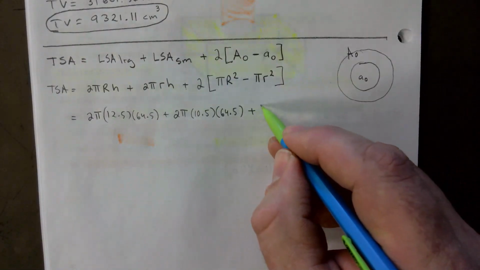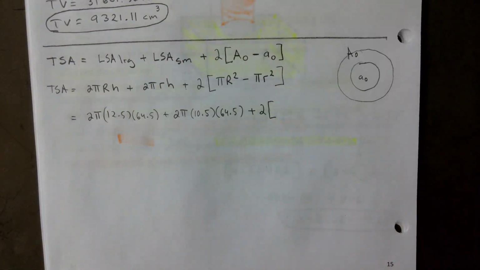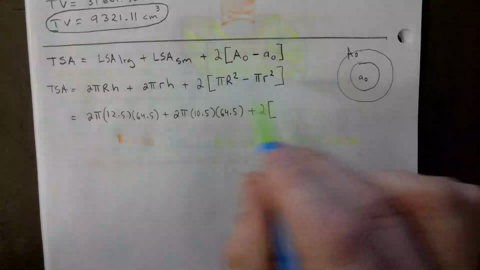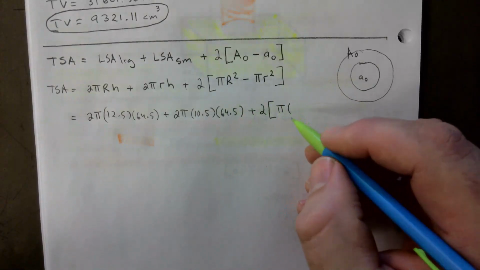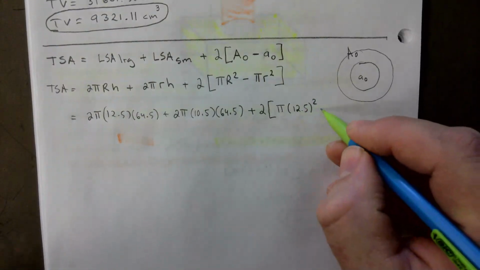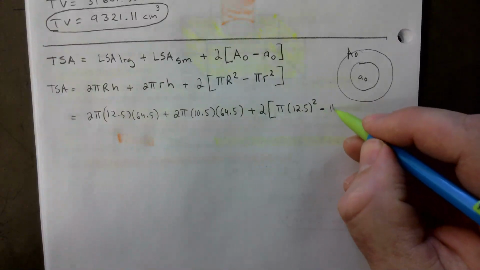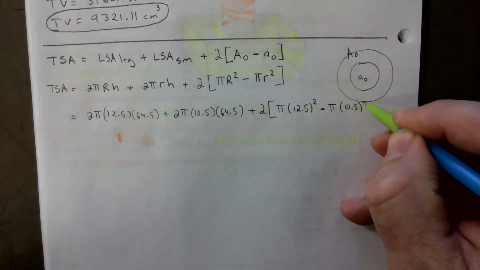Plus 2 times, I like square brackets to say, hey, that's a chunk we're dealing with, pi R squared minus pi lowercase r squared.